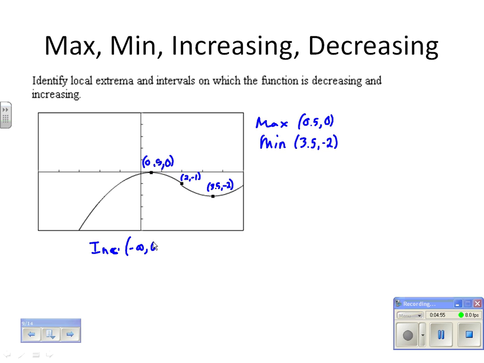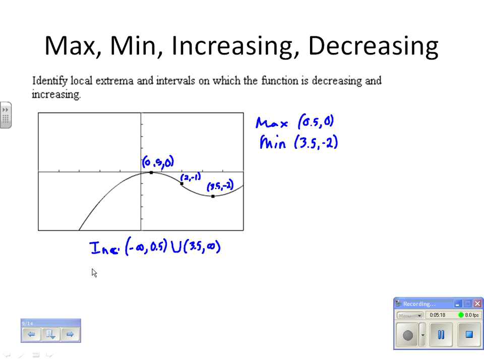We increase until we get to 0.5. Then we start decreasing. Well, then we increase again, so I'm going to make this U symbol to show that it's both of these. Then I go from 3.5 and I start increasing again until I get to the edge of the graph. So we're going to say till positive infinity.